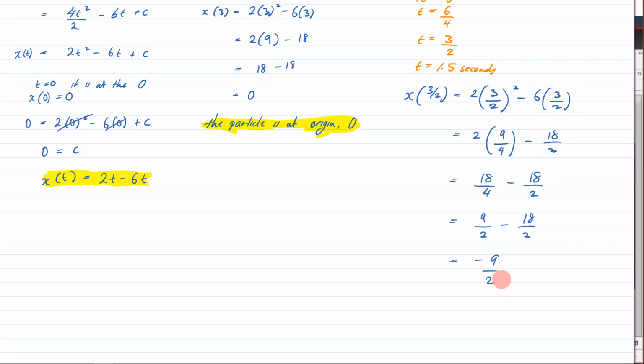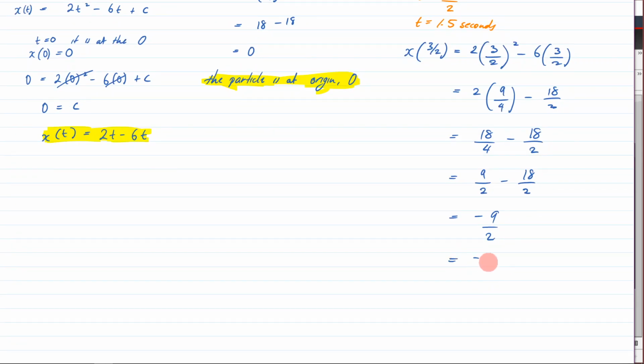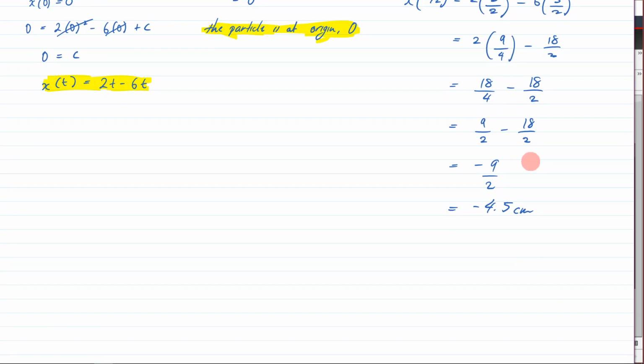Negative 9 on 2 is negative 4.5 centimeters. And remember, that means 4.5 centimeters to the left of origin. It is at rest.